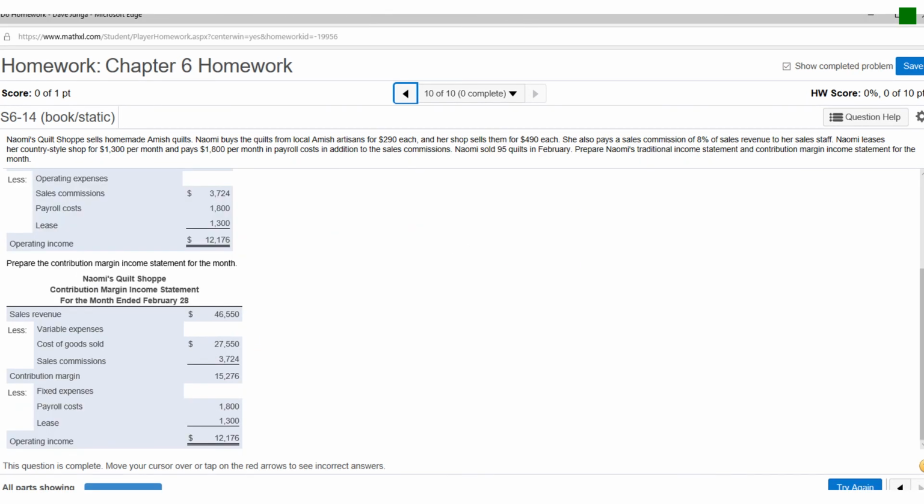Okay, so the contribution margin income statement is going to be looking at variable cost and fixed cost format. Notice the sales is going to stay the same, and then the next group is your variable costs. Your variable costs are going to be, in this case, cost of goods sold, which we've already calculated. To remind you, we took 95 quilts, multiplied that by 290.